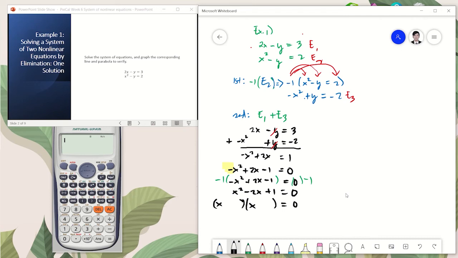Then 1, that would just be negative 1 times negative 1 is equal to positive 1. And when you add them, it will become negative 2, which is our middle term. So this is the correct factored form. If you notice, the two binomials are exactly the same. So we can just write it as the square of x minus 1.